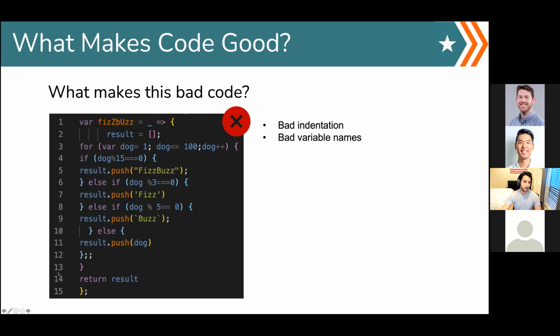You'll notice that our iterator is called dog. Does this variable represent a dog? Variables shouldn't be random. They should always mean something. The exception is when we use something like i in small scopes, we'll say for let i equals 1, where the purpose is obvious because i, j, and k is a standard, and i stands for iterator.